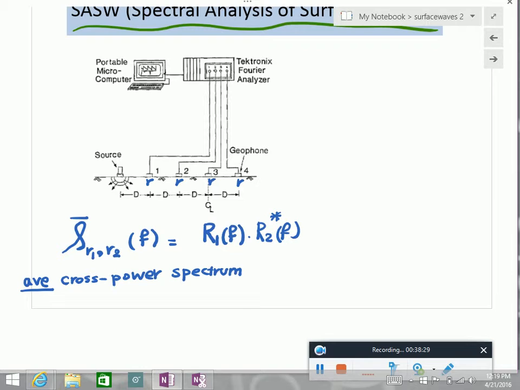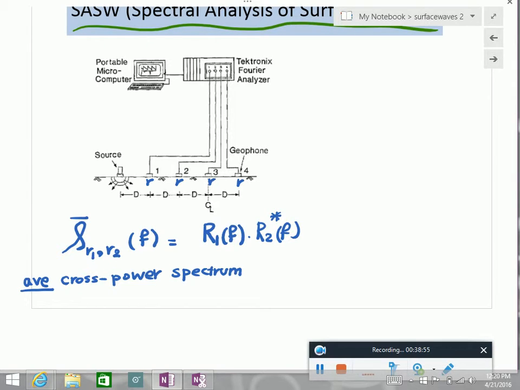Okay? So typically, you do this for several receivers. R1 and R2 are at distance d, and the distance between the source and the first receiver is also d. This is a common convention, that this distance is equal to that. This is important in surface wave testing.